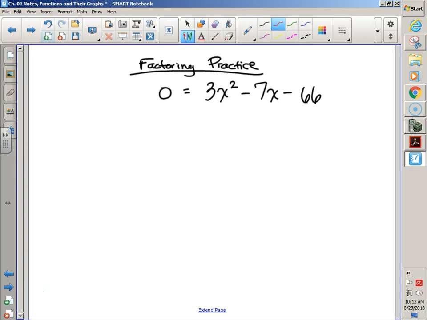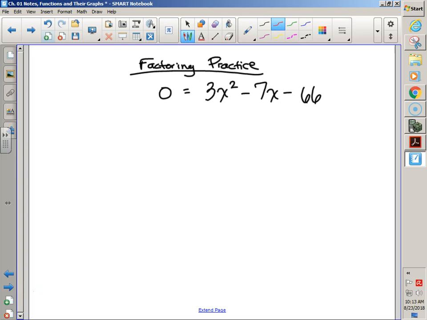The struggle is when you have the 18 and the 11, one needs to be a negative. Come back to the original problem and do your 3x squared minus 7x minus 66, because our first is going to just stay and be brought down.